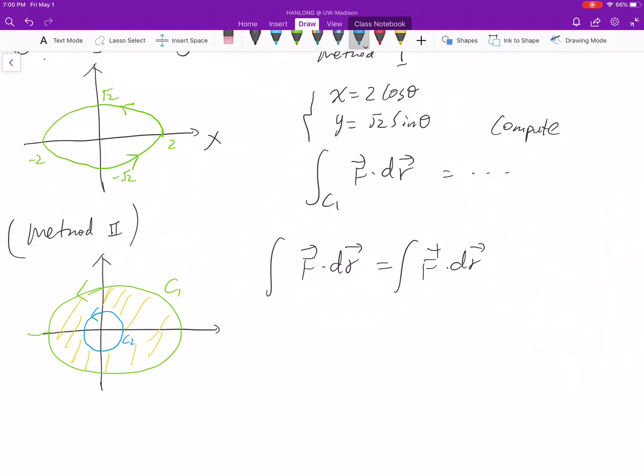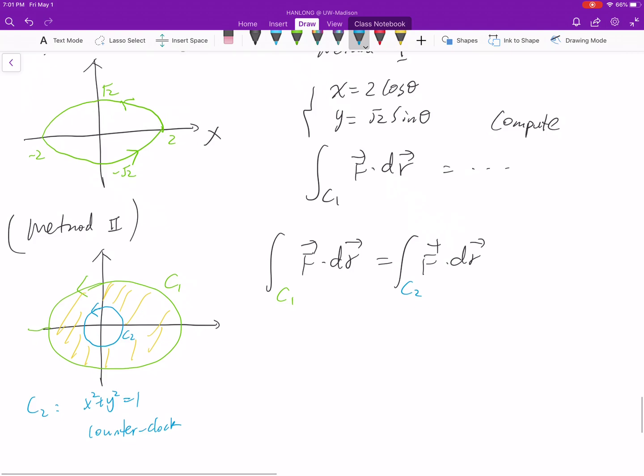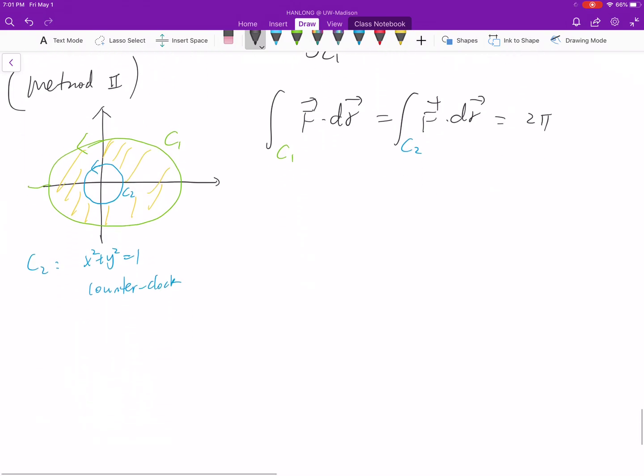That's what we discussed last time. And what is C2? C2 is x squared plus y squared equals 1, and counterclockwise oriented. Okay, and then we compute from equation 1, so it's 2 pi. It's easier.